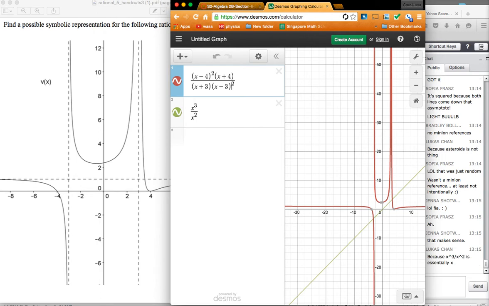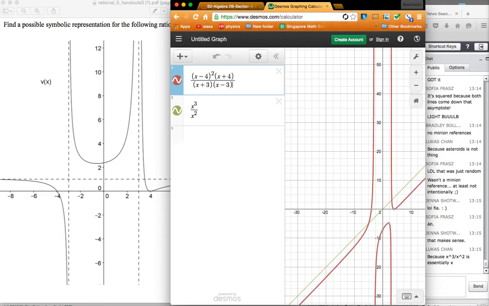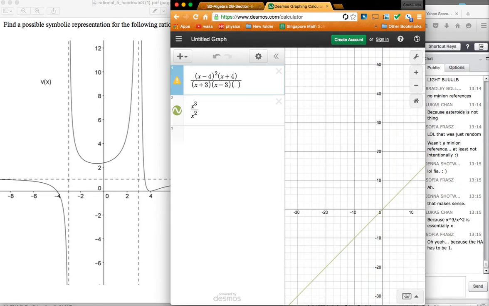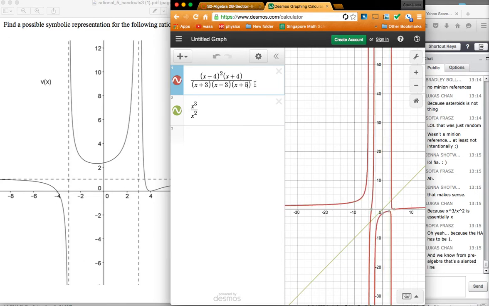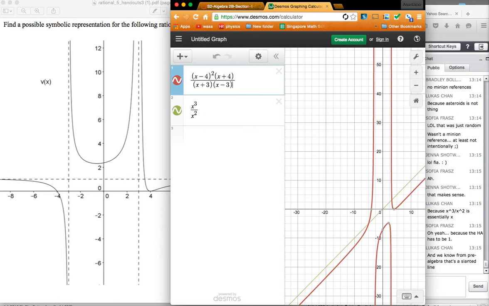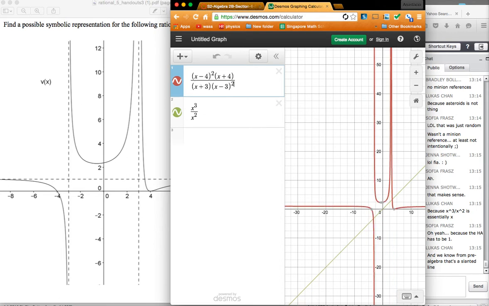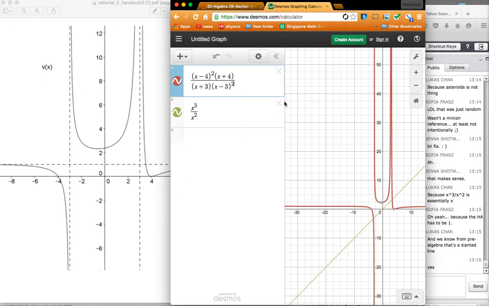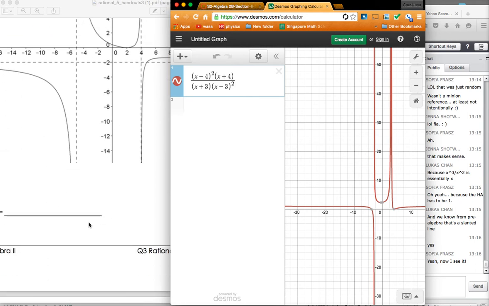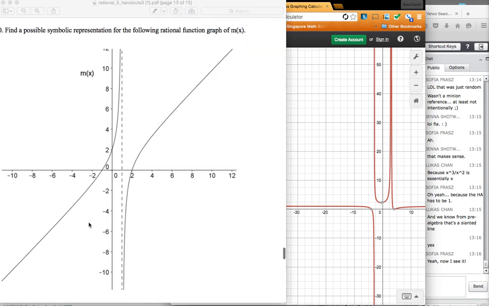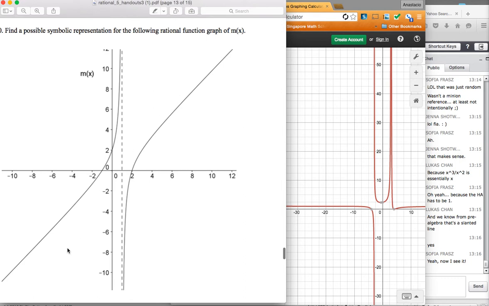Either there was going to be another parentheses downstairs with a different number like x plus 5 or something like that, and this would give you a horizontal asymptote like this right here, or you're going to have a square. Does that make sense? All right, cool. So in this case right here, this is a slanted asymptote.